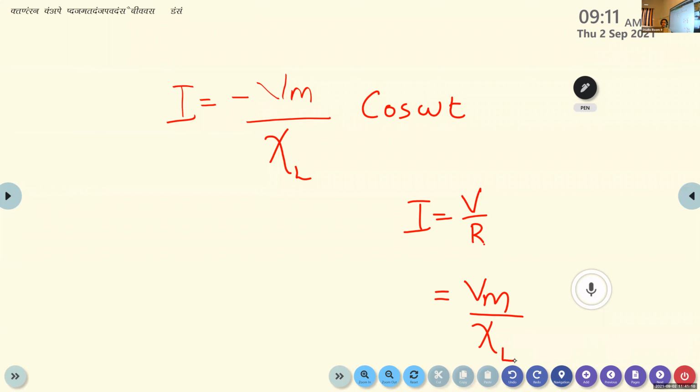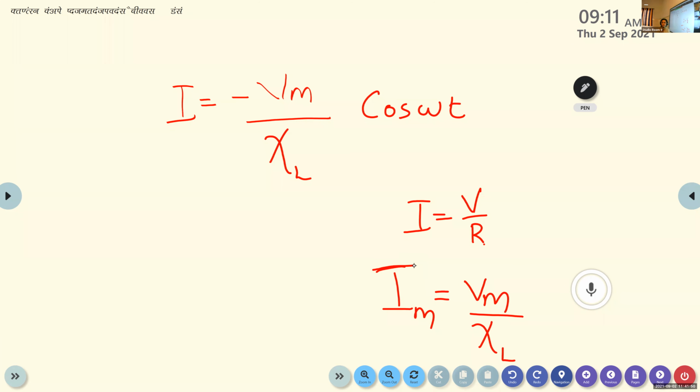What does this Vm by XL stand for? In the case of a resistor, I is equal to V by R. But here we have an inductor with inductive reactance XL. So Vm by XL is equal to Im, because the current developed in an inductor is alternating in nature. So that is why we are representing it by Im. The maximum value of alternating current developed in that inductor is given by Im.